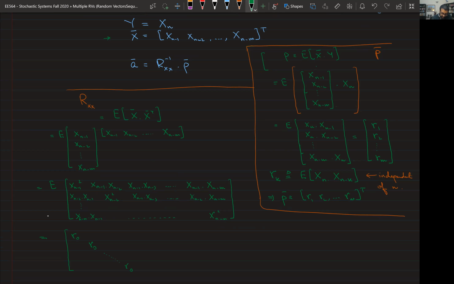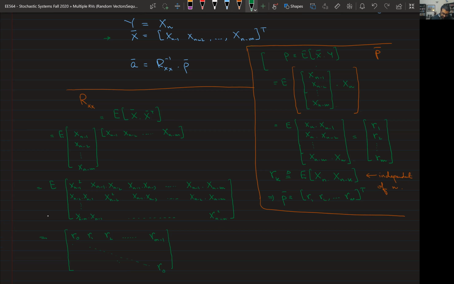Okay. What about this? The first row, यहाँ पे the difference is R1. Okay. And then the difference is 2, and so on and so forth, right? All the way up to R of m minus 1. So this is R0. Okay.